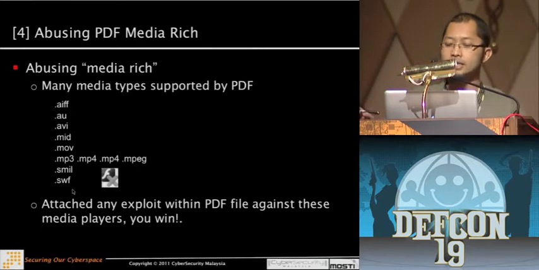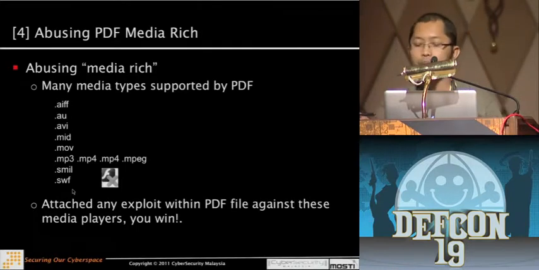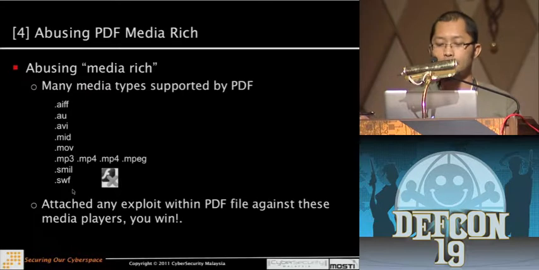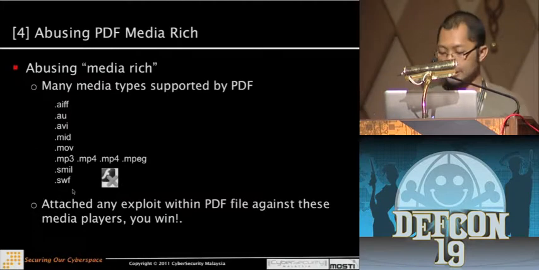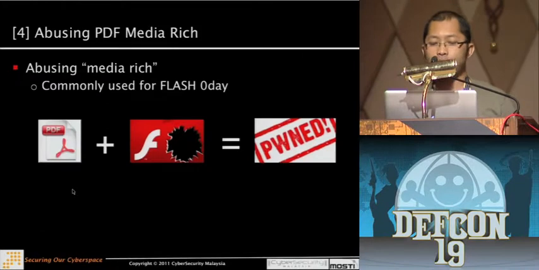So if you attach any exploit within the PDF file against this media player, you normally win, because people are not really suspicious to click on a PDF rather than clicking on an MP3 or .mov that comes over your email or something. Okay, and normally the PDF is used against the Flash 0-day.